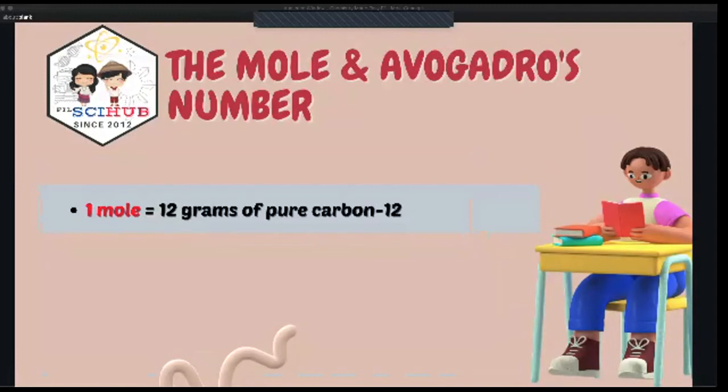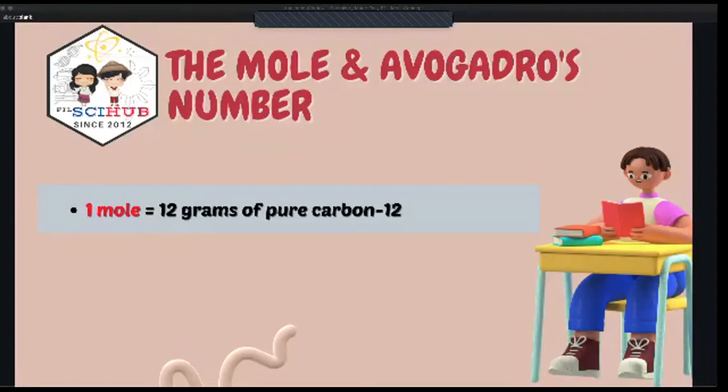One of the earliest definitions of a mole is essentially based on carbon-12, which is one of the most studied isotopes of carbon on the planet. Conventionally, this is how they defined it. They said 1 mole of a substance should correspond to 12 grams of carbon-12.